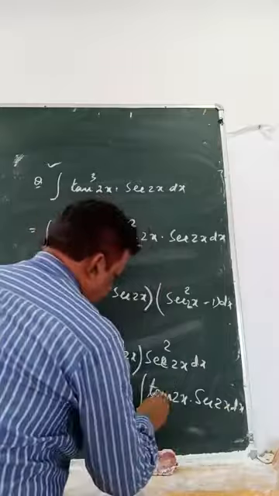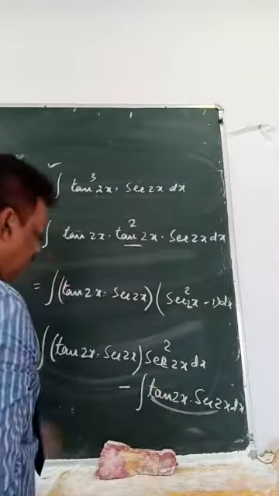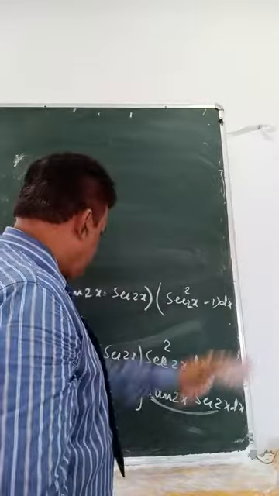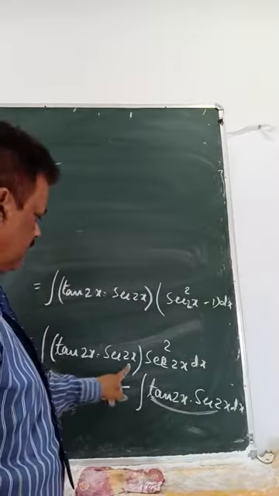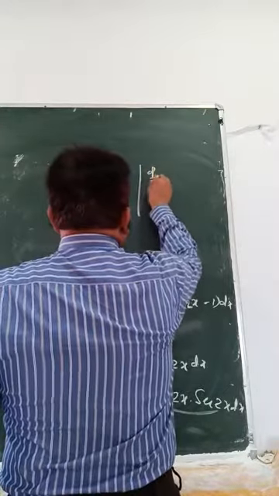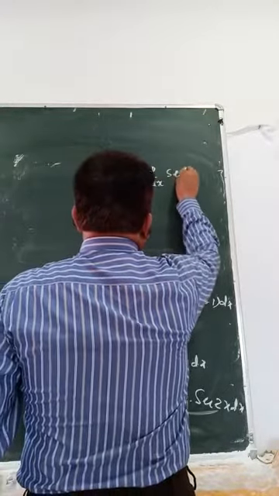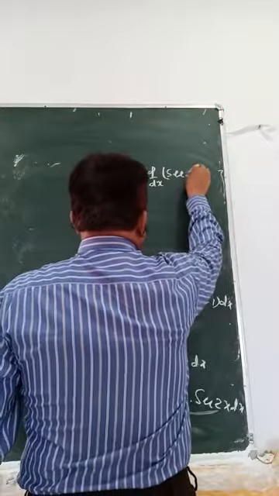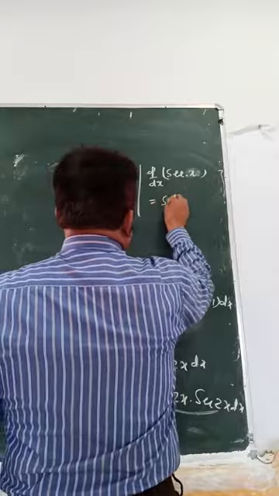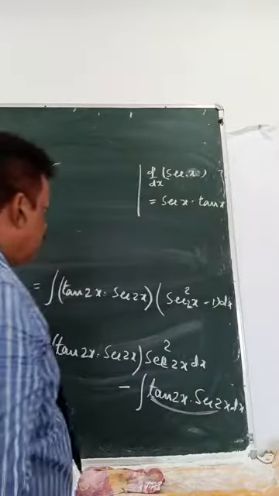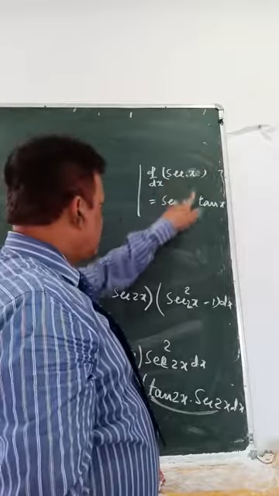Okay, that is a formula. What formula is that? Can you remember? First let me check this part. Can you recall what is the derivative of sec x? That is sec x tan x. Derivative of sec x is sec x tan x.